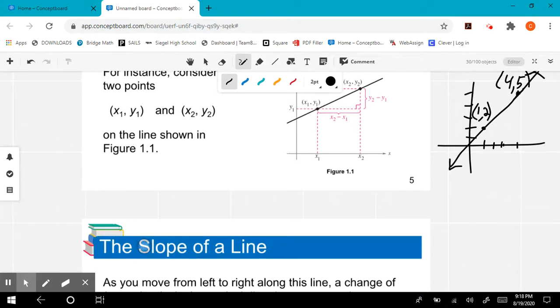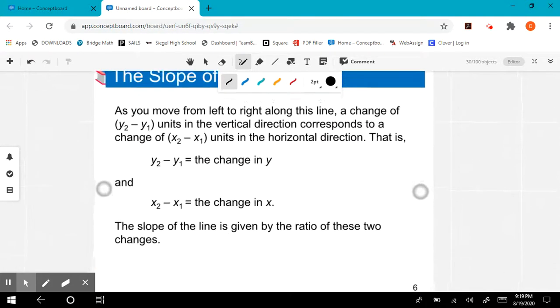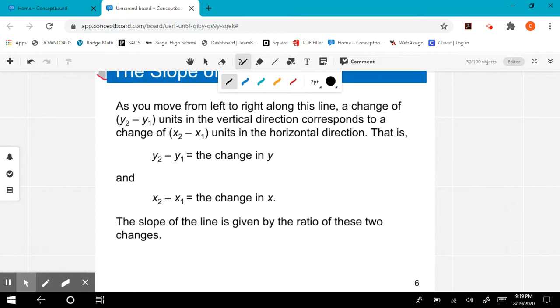But as we go on, that's what we say. You subtract the y's, that tells you the change in the y coordinates. You subtract the x's, that tells you the change in the x coordinates. Slope is the ratio of these two changes, and we always do the rise over the run, like we said just before. So the rise would be the change in y over the change in x.